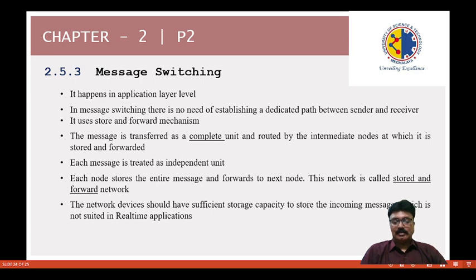The network device should have sufficient storage capacity to store the incoming messages, so it is not suited to real-time applications. So we need some memory in the network device to store these messages.